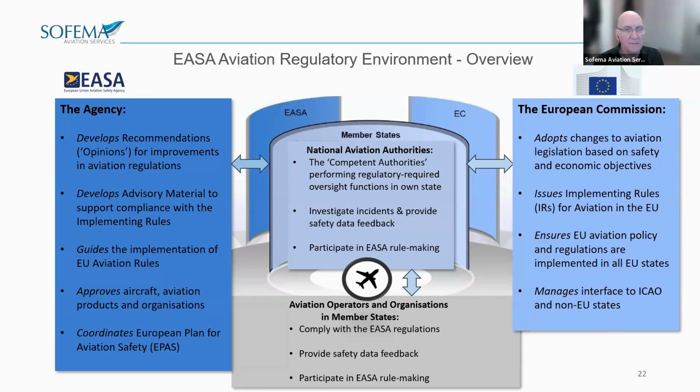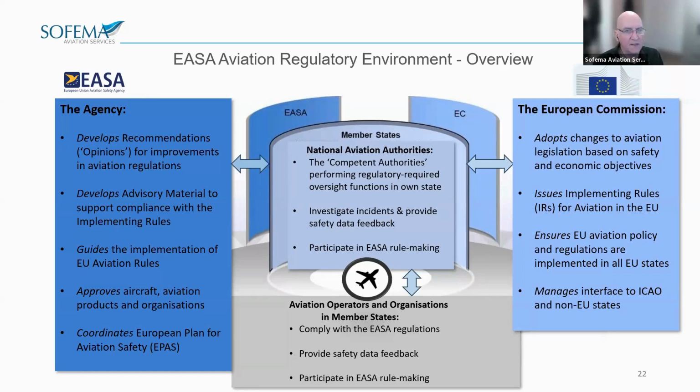The IRs, or implementing rules, are the rules implemented to enable the essential requirements of the basic regulation for aviation. EASA develops the detailed technical rules, oversees the adoption of the regulations by industry, such as operators, manufacturers, and maintenance organisations, and provides an overarching safety management function under the European Plan for Aviation Safety, which includes the collection of data about safety concerns.